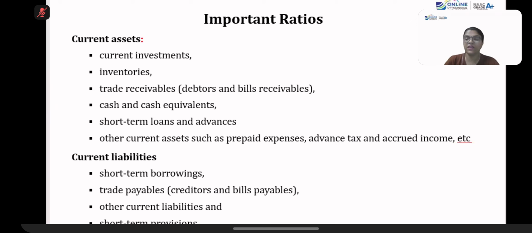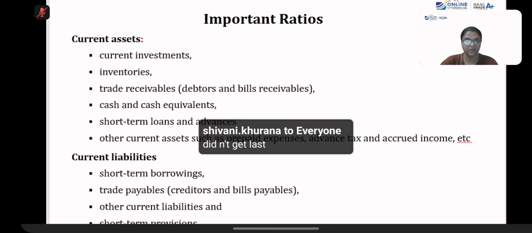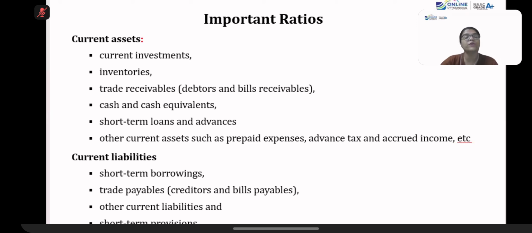Now, you must be thinking, what is this current asset? What is this current liability? Now, current assets are those assets which can be easily converted into cash within a period of 12 months. Like your current investments, inventories, debtors, bills receivable, cash, short-term loans, advances.